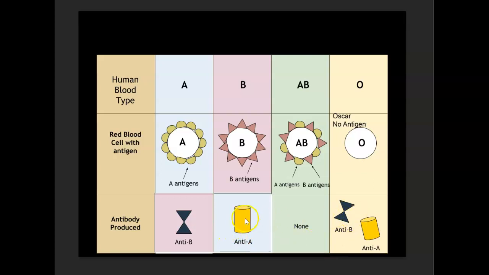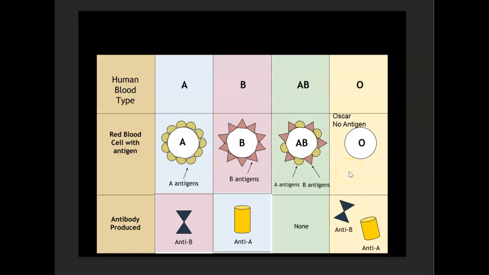Antibodies, which we learned in the immune lecture, attack foreign proteins. So this antigen, this glycoprotein, when put in blood type B, the body will make A antibodies and attack this blood type. Put it in O, O doesn't have any antigens, so it gets attacked.